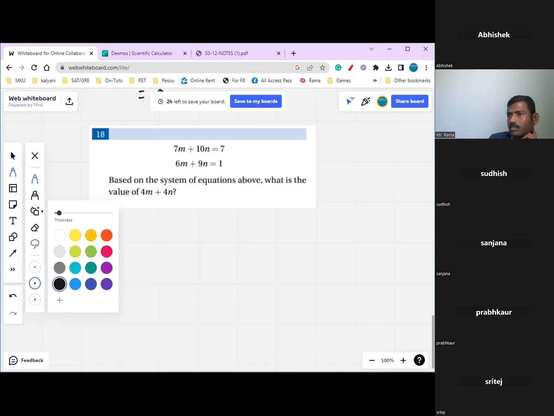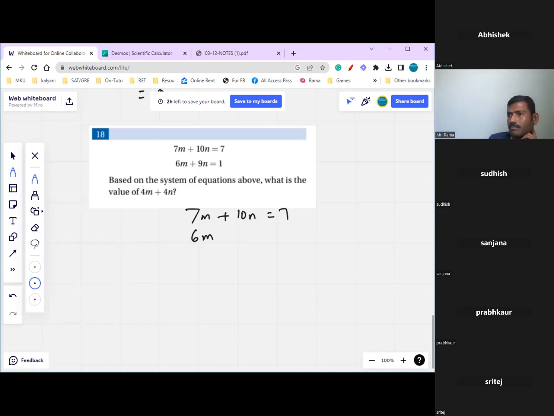So I'm going to take that equation, 7m plus 10n is 7, and 6m plus 9n equals 1. What I'm going to do is subtract. 7 minus 6 is 1m. This minus this is 1n. This is going to be 6.